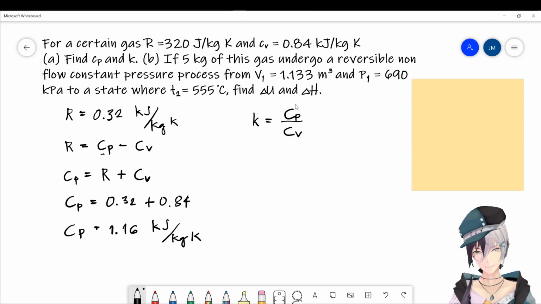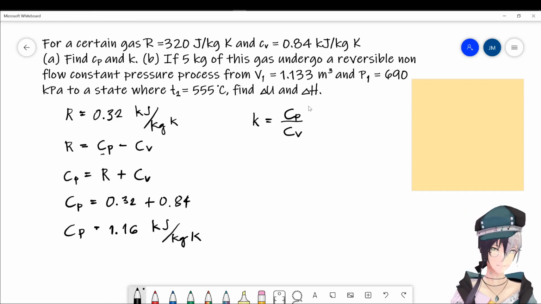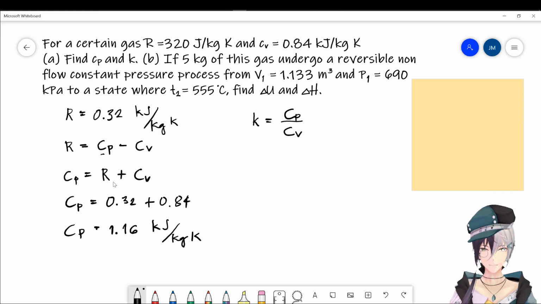Why? Because we will be using a derived answer. So we have a derived answer already here, 1.16. Now the problem is, what if you made a mistake somewhere here? So you have a wrong answer for this one. In this case, if this is wrong, then if you use this value, then this will become wrong.